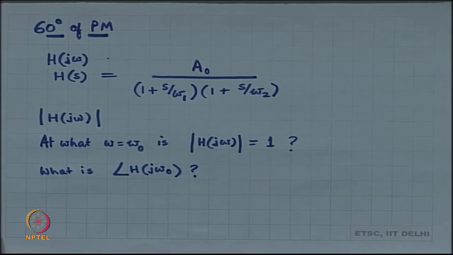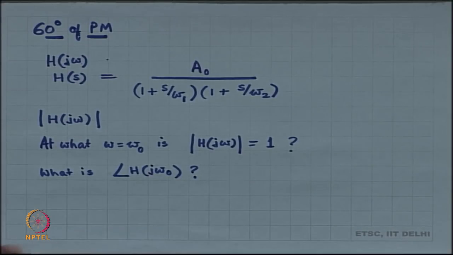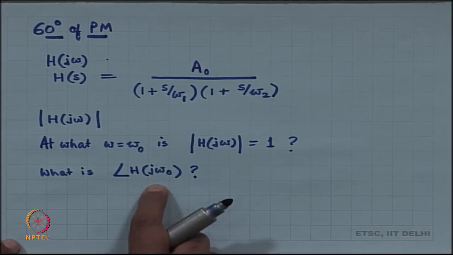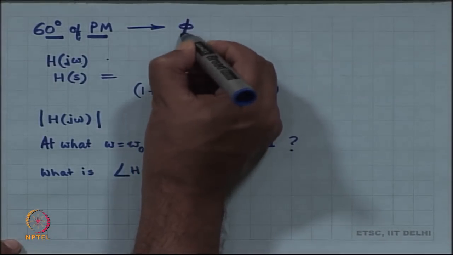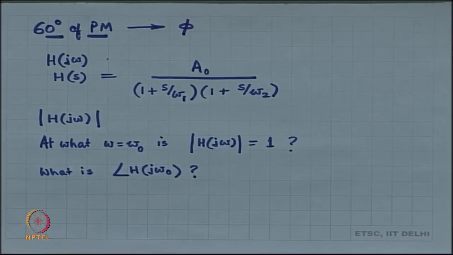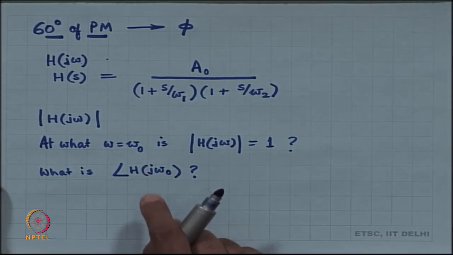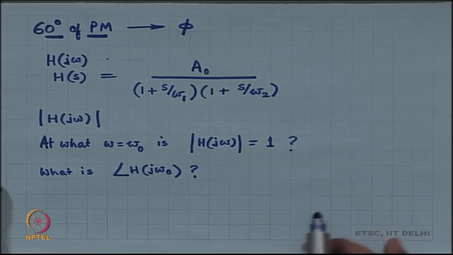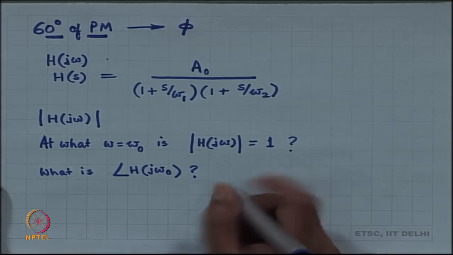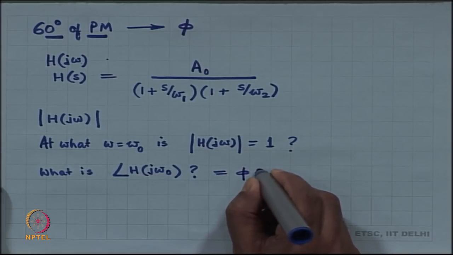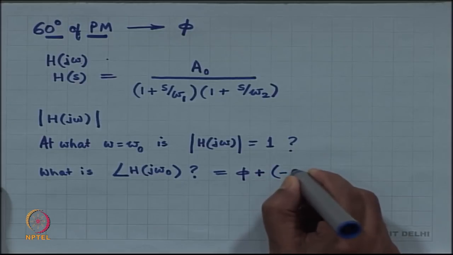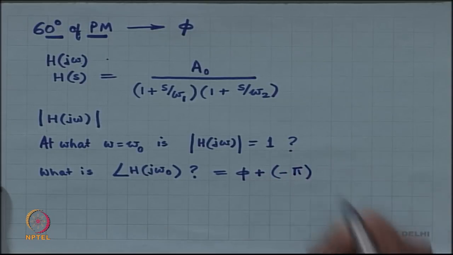And you have to make sure that the target phase margin, an angle phi, is met. So, you have to make sure that the phase is phi degrees above minus 180 degrees.